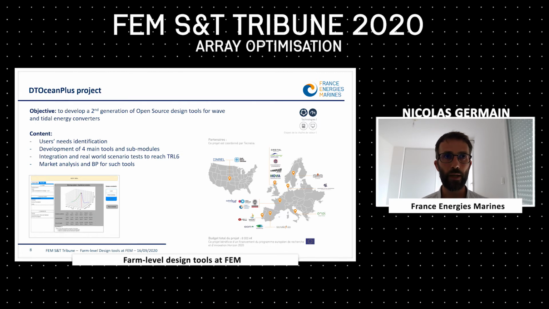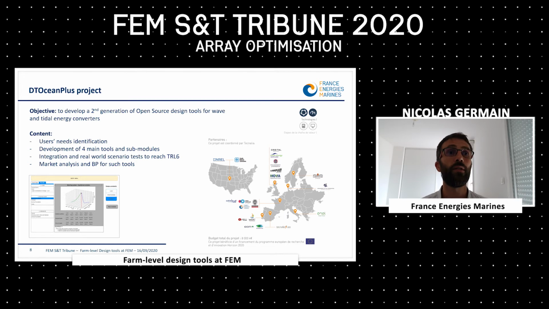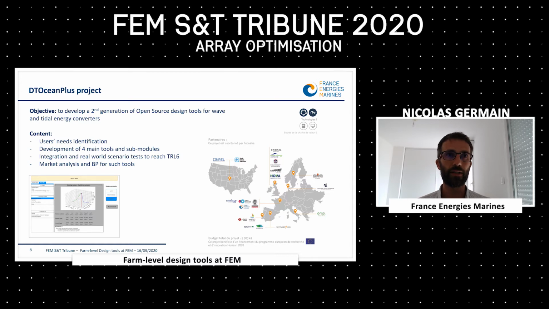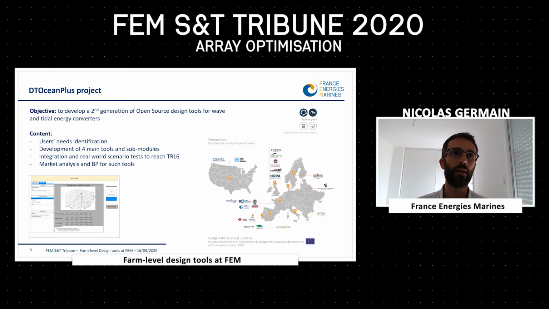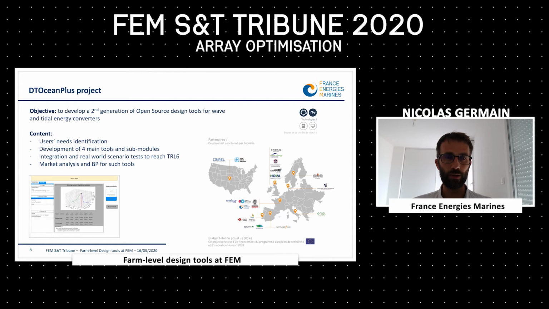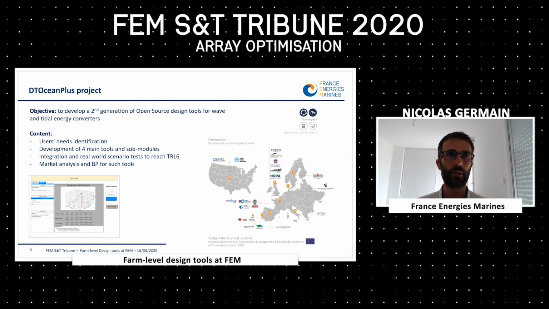And then a big part, as big as the coding one, is integration and evaluation against a real-world scenario in order to reach TRL6 for the software. And other activities are linked to market analysis of the ocean energy market and a business plan for such tools being developed.